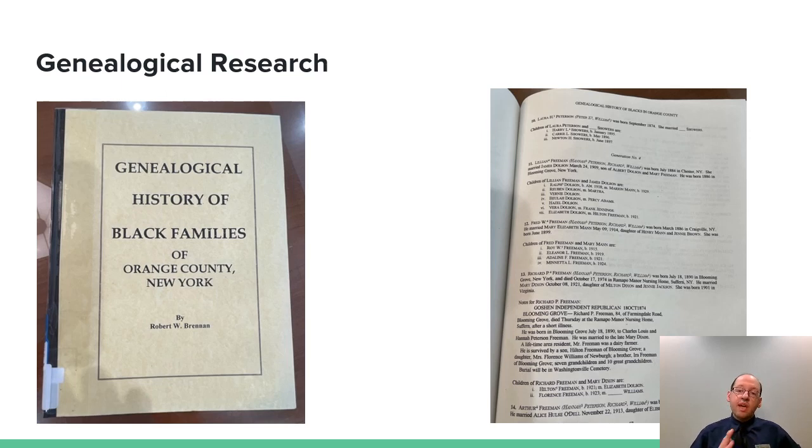The first volume is what he was able to find using information from the Orange County Clerk's Office, as well as resources available through third-party vendors like, at the time, Quest or FamilySearch today, or some other resource like that, where he could actually find census information.